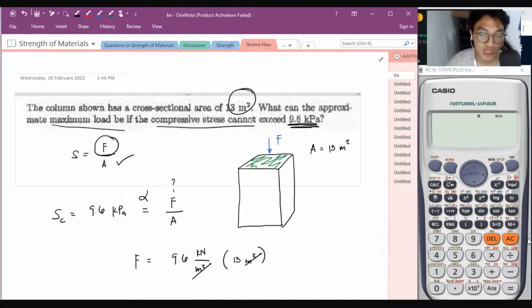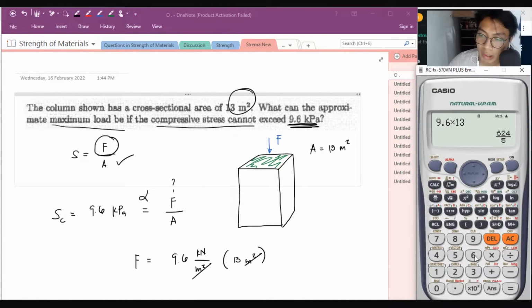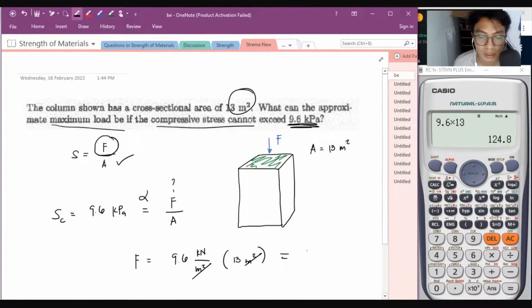So, 9.6 multiplied to 13, what will be the result? That will be 124.8 kilonewtons of force, compressive force. Okay? That is for problem number 1. Next problem.